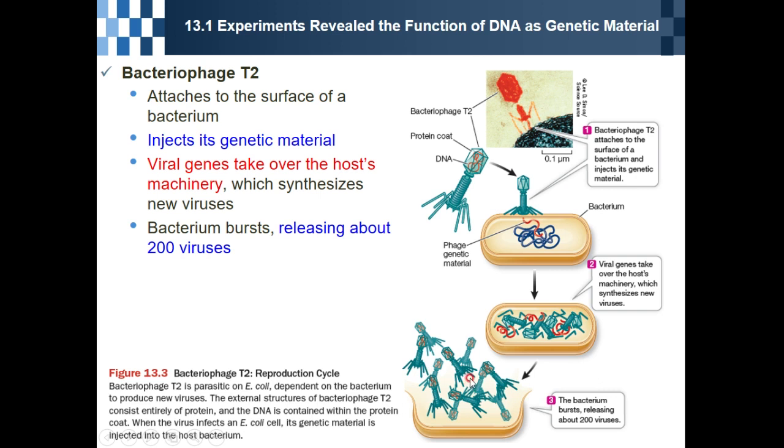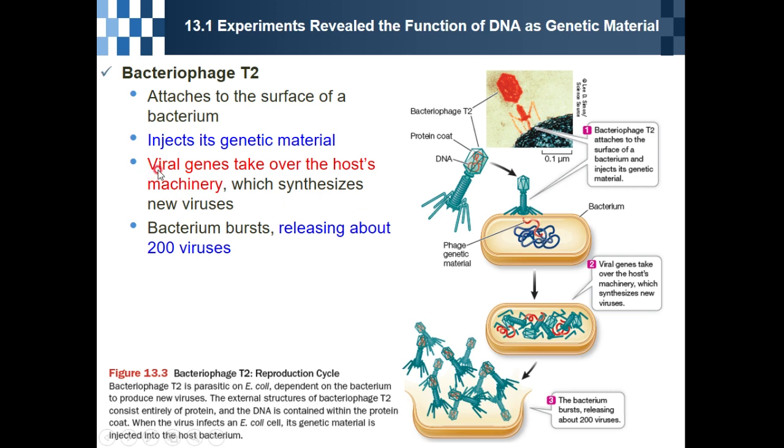The important thing in this slide is that the bacteriophage is composed of the protein coat, and also of DNA. But only DNA can be injected into the host cell. The protein coat cannot enter. Only DNA can be transported into the inside of the bacteria.